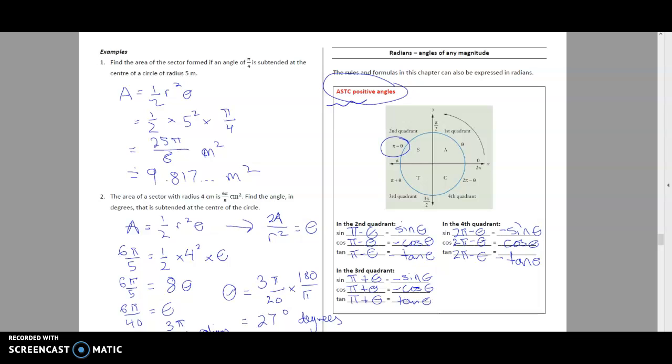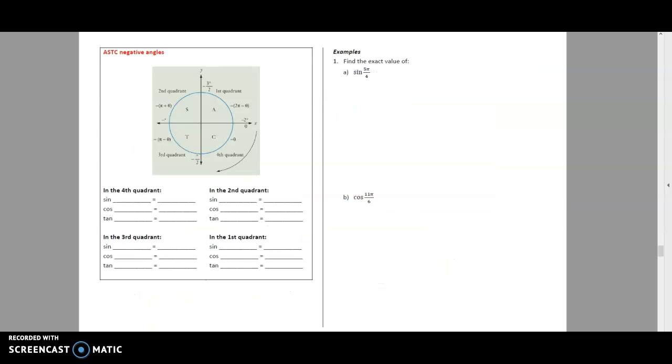These are for positive angles, and like we did for degrees, we can also look at it in terms of negative angles. So negative angles now, fourth quadrant, negative theta, and only cos is positive there, so that'll be negative sine theta, negative tan theta, positive cos theta.